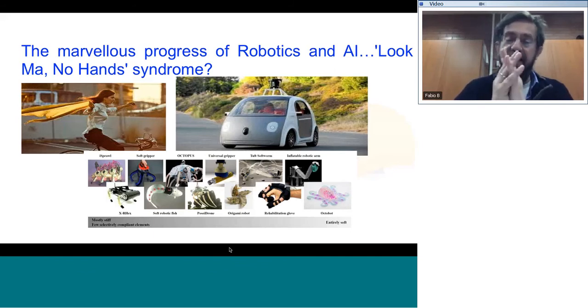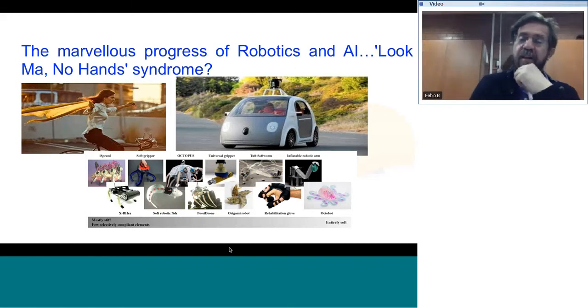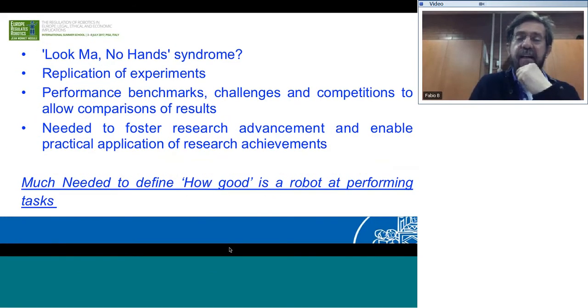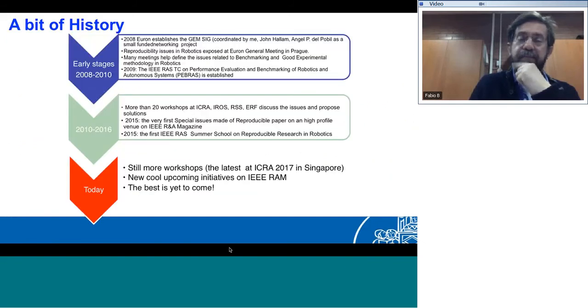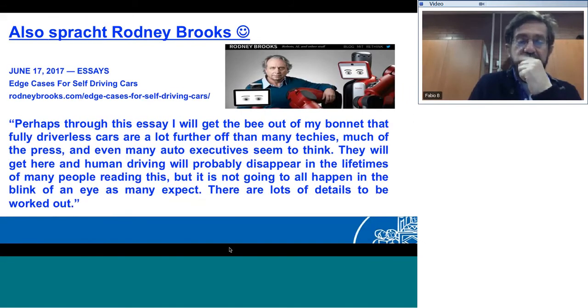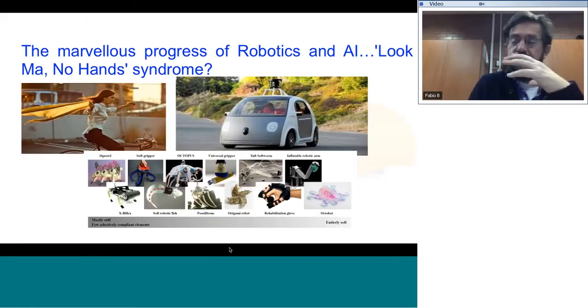But apart from that, if I say that a certain approach, good old-fashioned AI, is not as good as an approach based on self-organization, deep bio-inspiration, morphological computation, and the likes, I need to prove it.